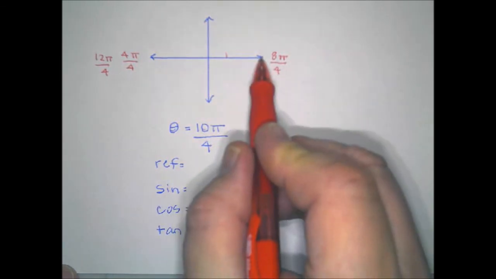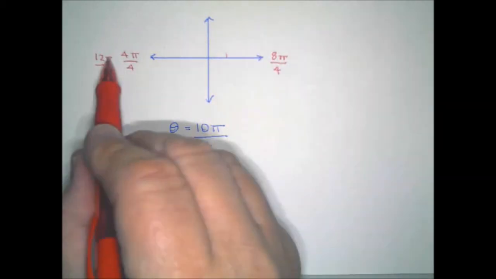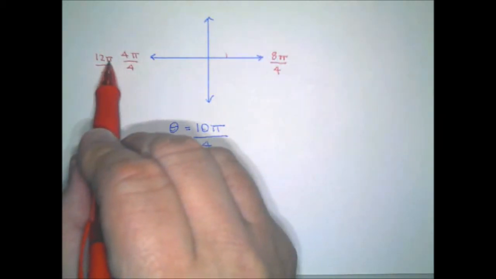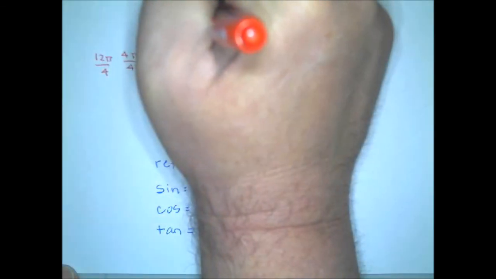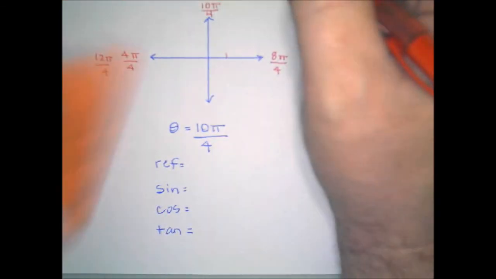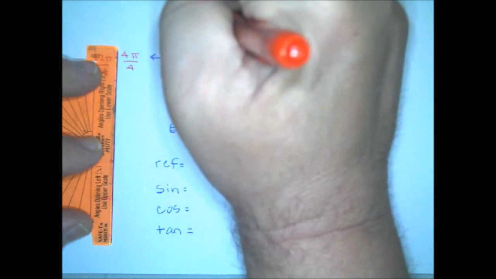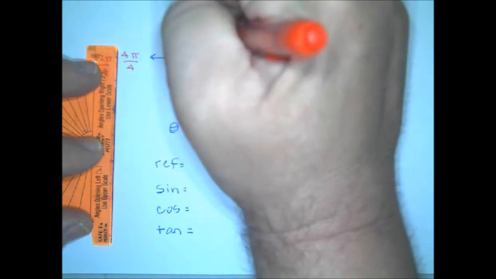So remember, this was 8 pi over 4 right here. This was 12 pi over 4 right here. So 10 pi over 4 lies right in the middle of those two things, which means I'm on a quadrantal. So this would be where I am, right here.